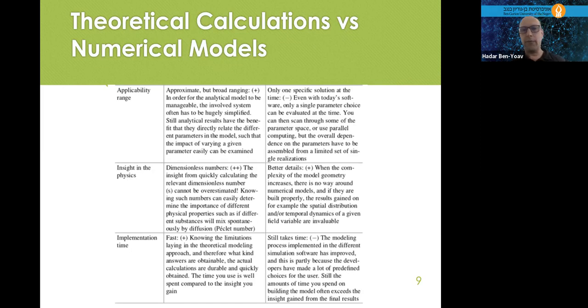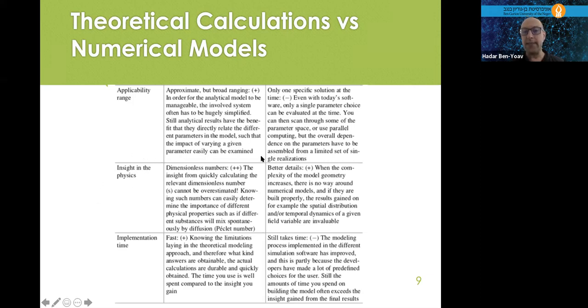Such as with the flow, we can get the solution for different locations as a function of time and location. So we just put in different locations and we can see the trend. The numerical one gives you only a specific solution at a time, for the specific structure or condition of your system.